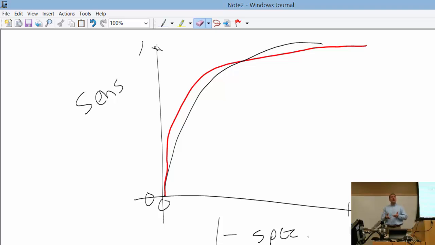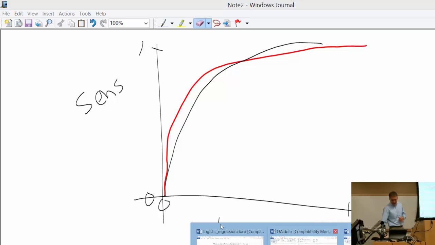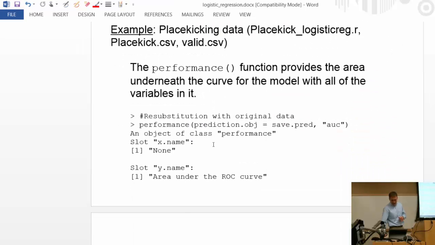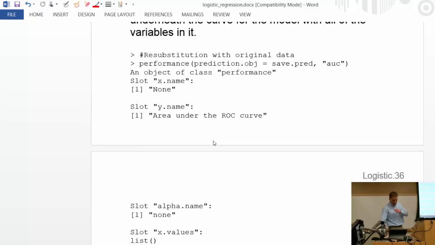The method that has the higher area would correspond to the better one, using that criterion. Okay, so let's take a look at all of this now in the context of the place kicking example.